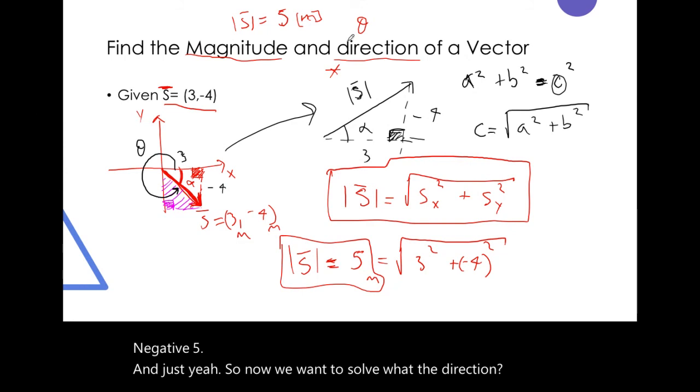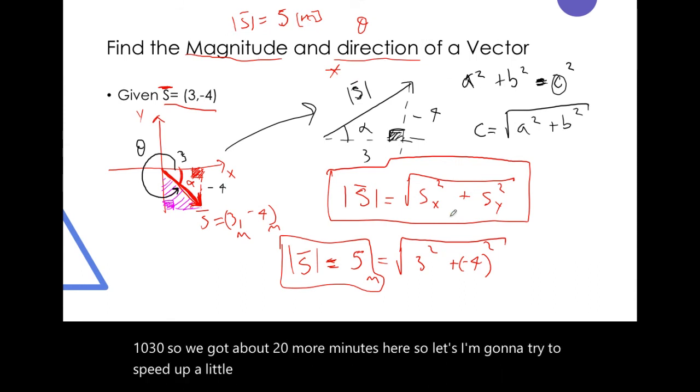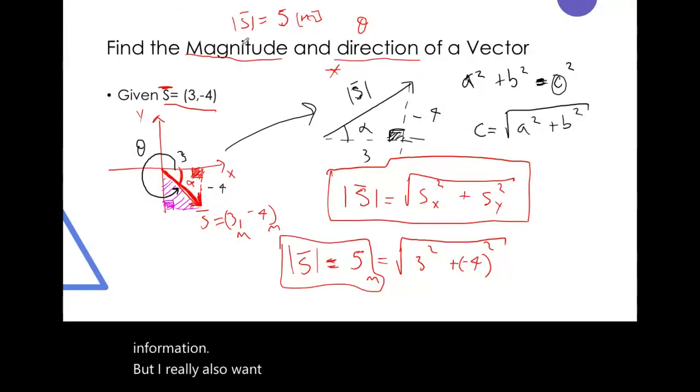Let's see what time it is. It's 10:30, so we've got about 20 more minutes here. I'm going to try to speed up a little bit so I can get through a little more information, but I really also want to focus on this next part of finding the direction.